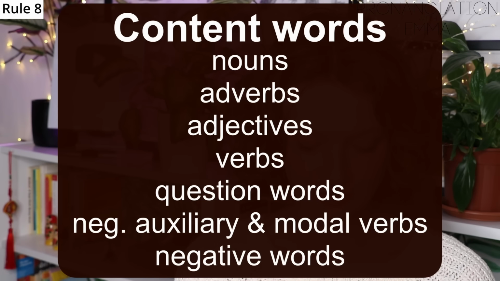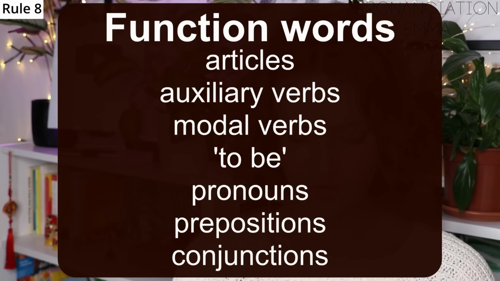So your content words are nouns, adverbs, adjectives, verbs, question words like who, what, when, etc. at the start of a question, negative auxiliary and modal verbs, as well as negative words like no and not, etc. Your function and structure words tend to be your articles, auxiliary verbs, modal verbs, the verb to be, pronouns, prepositions, and conjunctions, otherwise known as connectives.